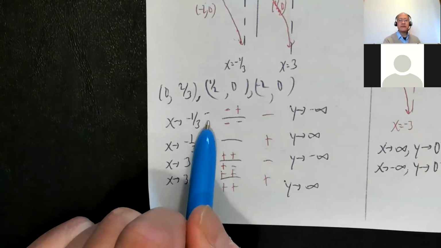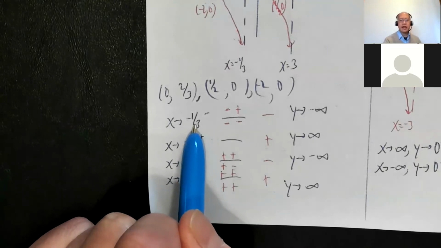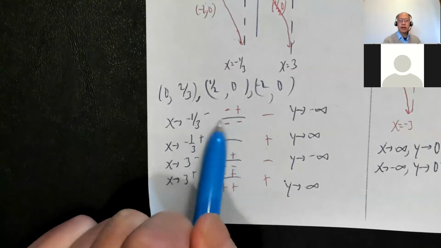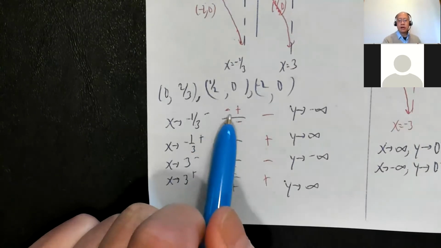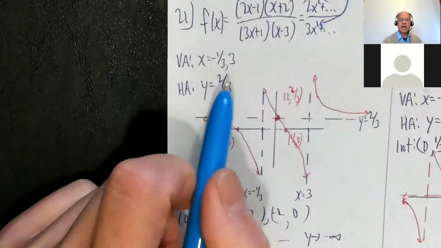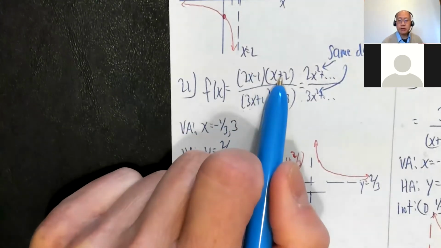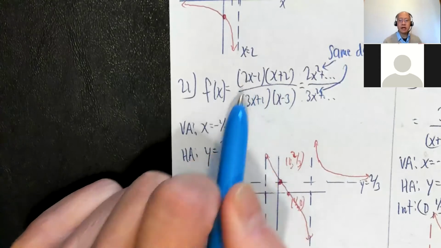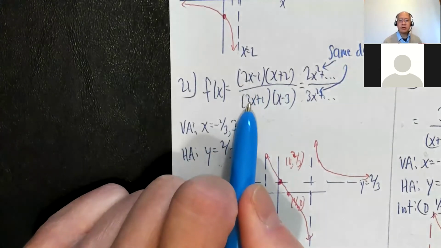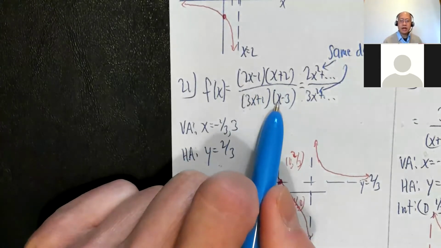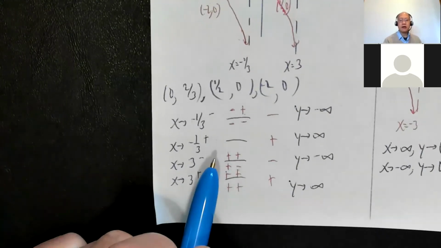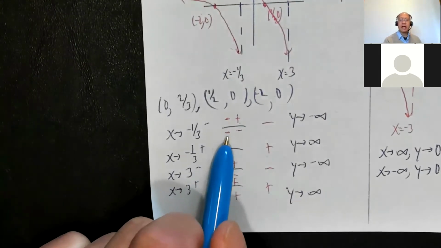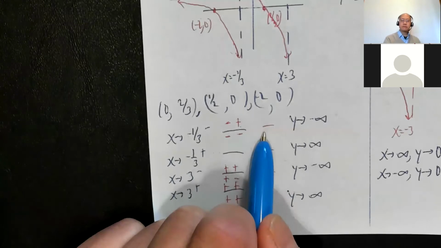A little bit to the left of negative 1/3, negative 1. So I got this sign chart for negative 1. The only positive is the upper right one: negative 1 plus 2, positive. But negative 1 here, negative. Negative 1 here, negative. So it looks like I have this sign chart. Three negatives means negative.